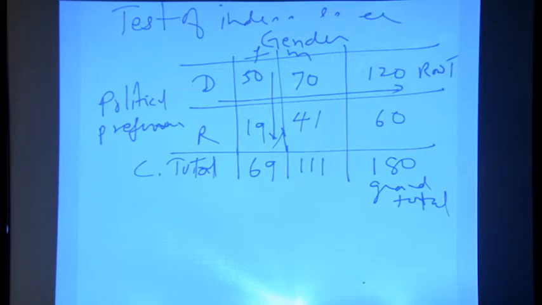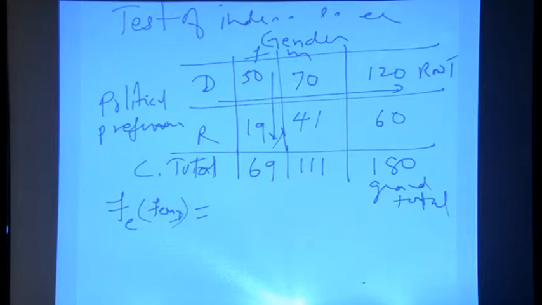So, to find expected frequency for the females who choose Democratic Party. So, we want to find the expected frequency for whom? For females who are Democratic choice, okay, females with Democratic choice. So, what do you do?